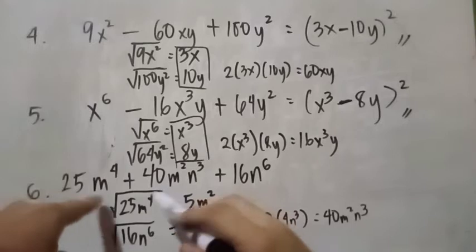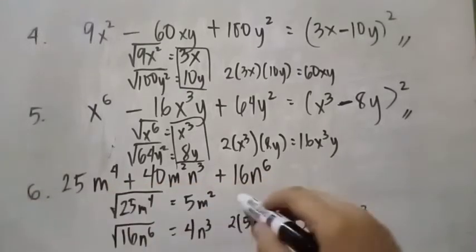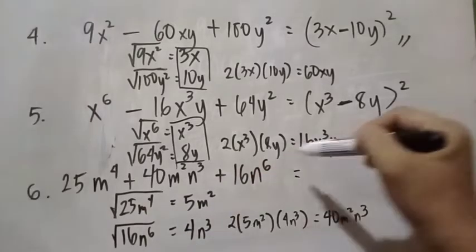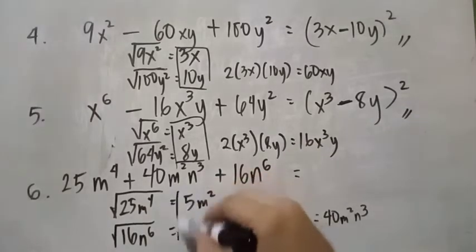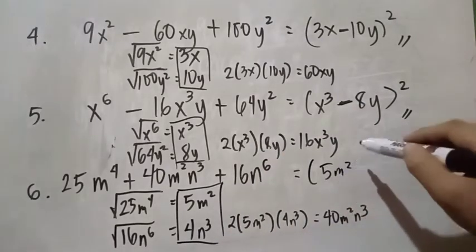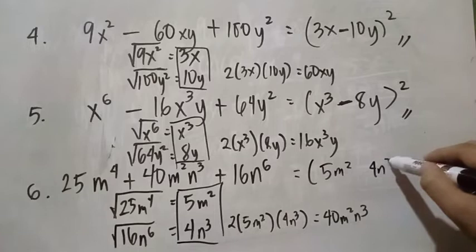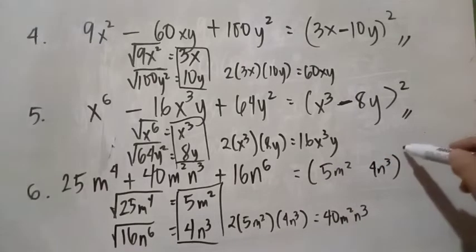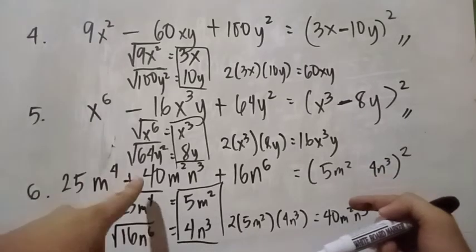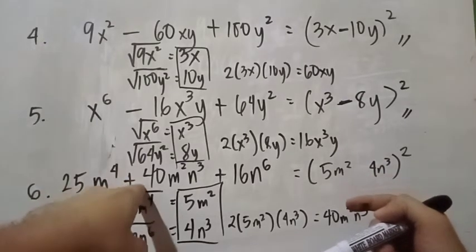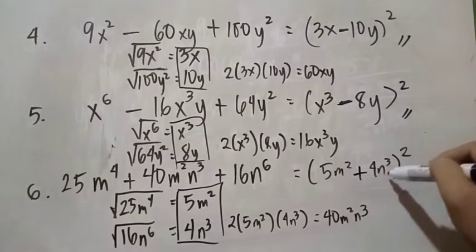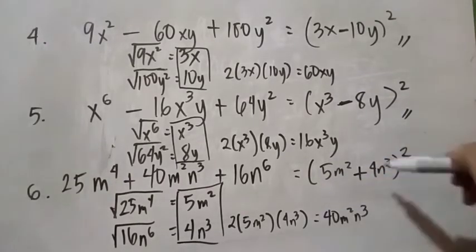So, therefore, isa siyang perfect square trinomial and then, pwede natin i-factor as this one. So, kailangan natin itong dalawang terms. We have 5m squared and 4n cubed. And then, erase natin sa 2. Okay? And then, yung sign sa gitna, yan yung sign ng middle term, which is positive. So, we have 5m squared plus 4n cubed quantity squared.